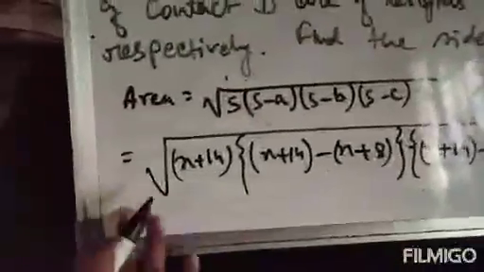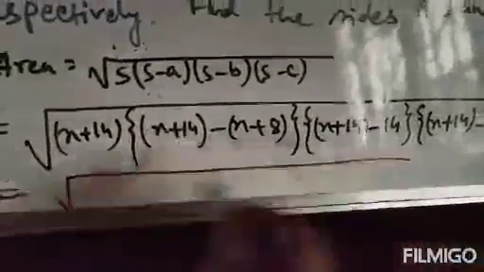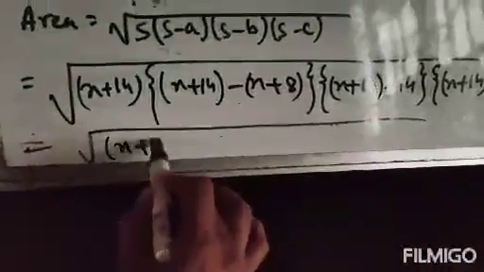Now start simplifying this expression. Before I simplify, I need some space, so I'm going to erase this portion so that I can utilize the space. Okay, so x plus 14. Now this is x plus 14.